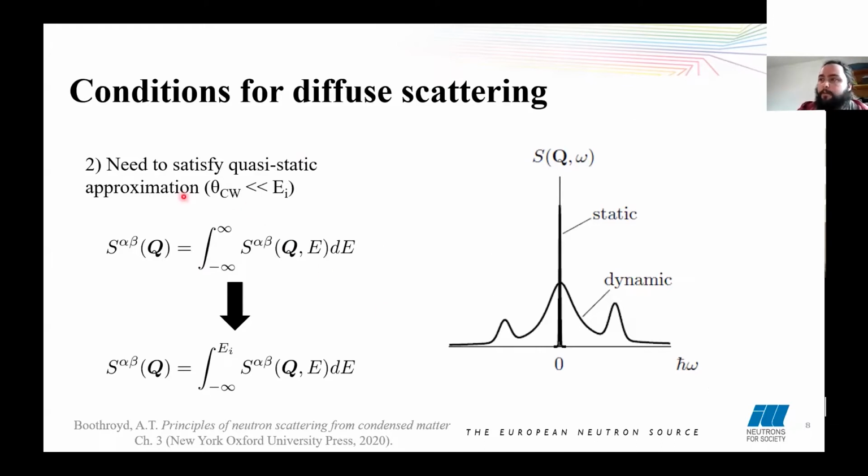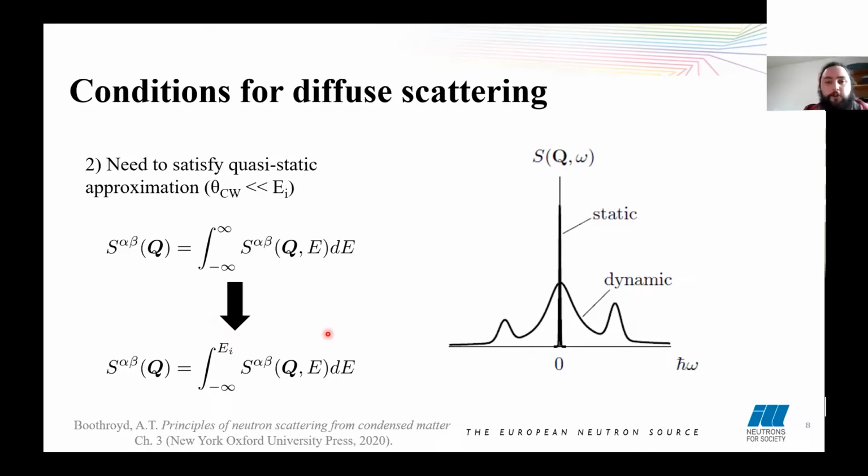And what this upper limit is telling us is that we are transmitting an infinite amount of energy from the neutron to the system, and this is obviously impossible. So a more correct way to put this is by saying that our cap, our maximum energy transfer, is the incident energy of the neutron.